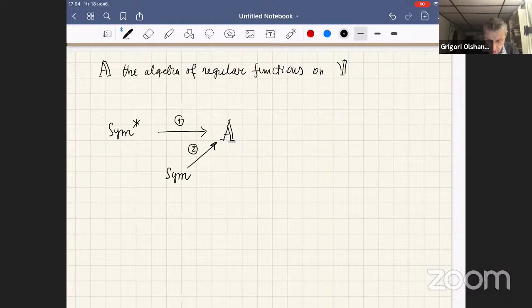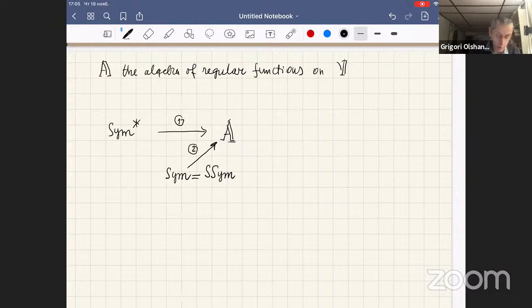But here we identify the algebra of symmetric functions and the algebra of supersymmetric functions. And I will recall this notation.